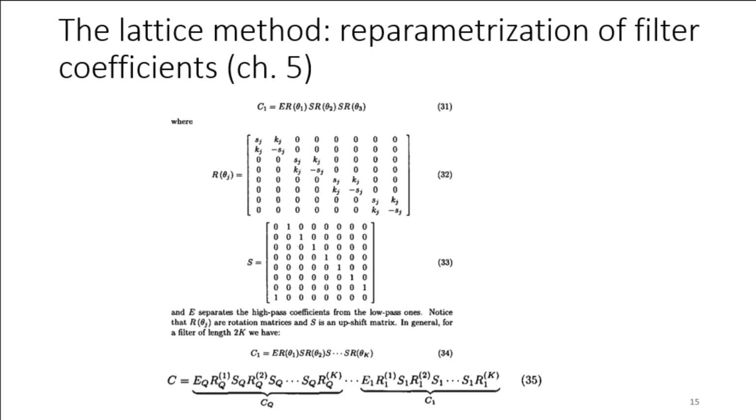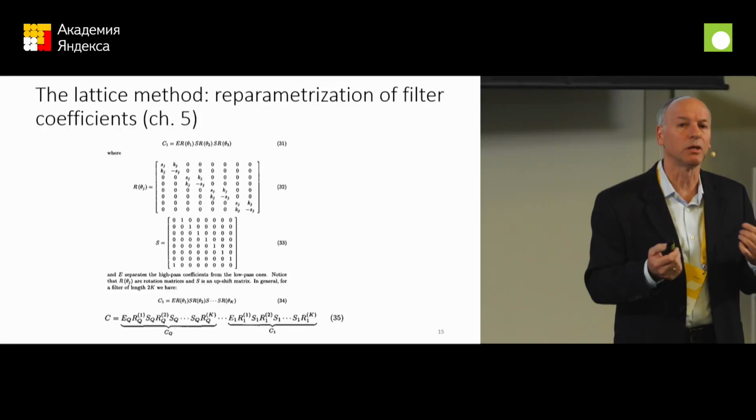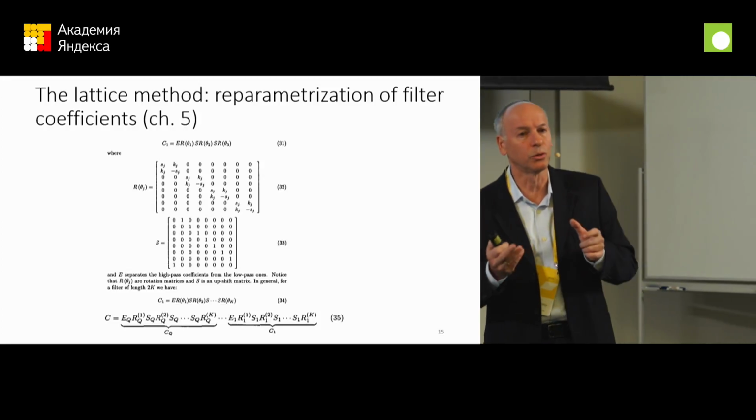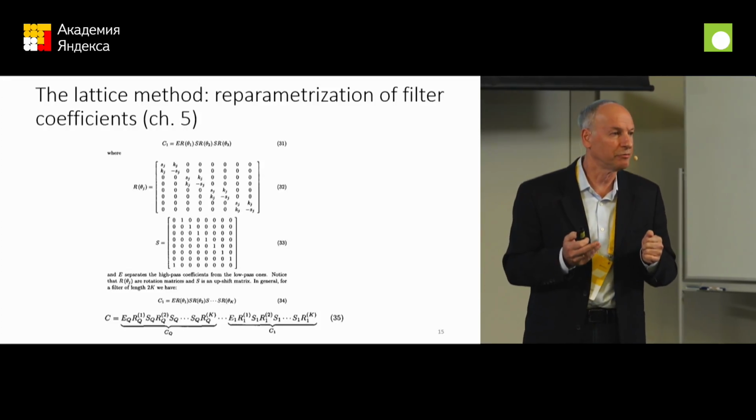So again, it's not trivial, and I cannot go into how we got to this, but from chapter 5 of the book of Strang, and the paper that we wrote, you can recover the whole thing, and once you spend a lot of time on it, you see it's quite simple. It's really a reparametrization, especially if you come from engineering and you know this way of representing filters.